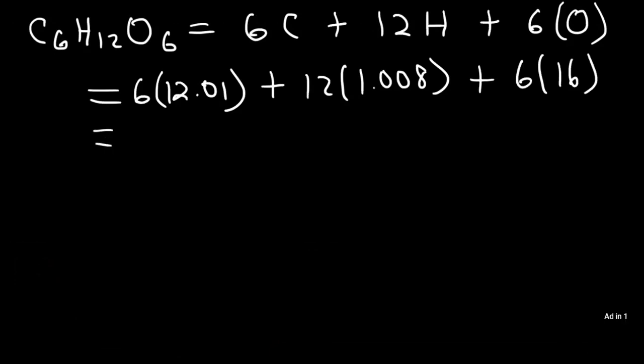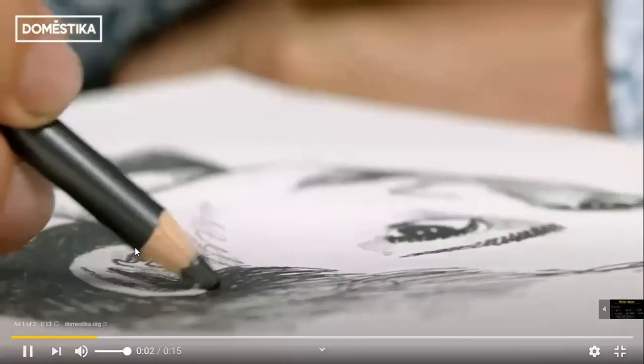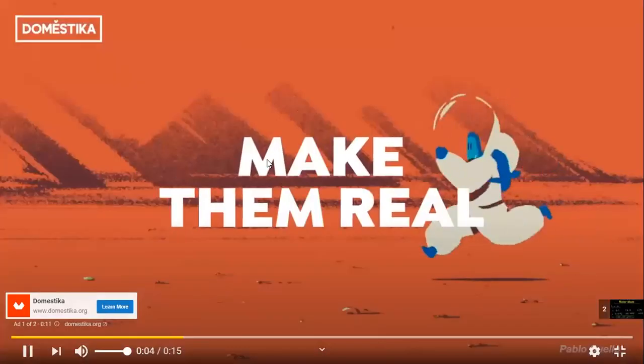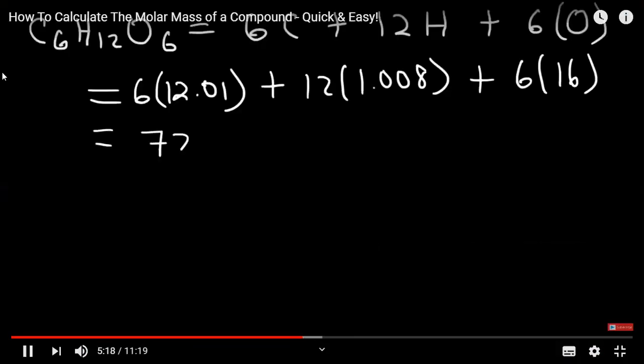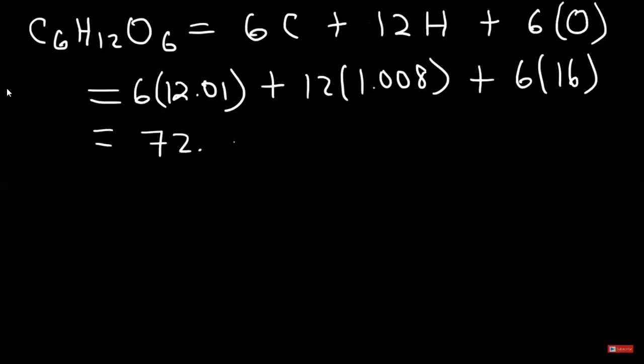Now, 6 times 12 is 72. And 6 times 0.01 is 0.06. 12 times 1 is 12. 12 times 8 is 96, so this is going to be 0.096.